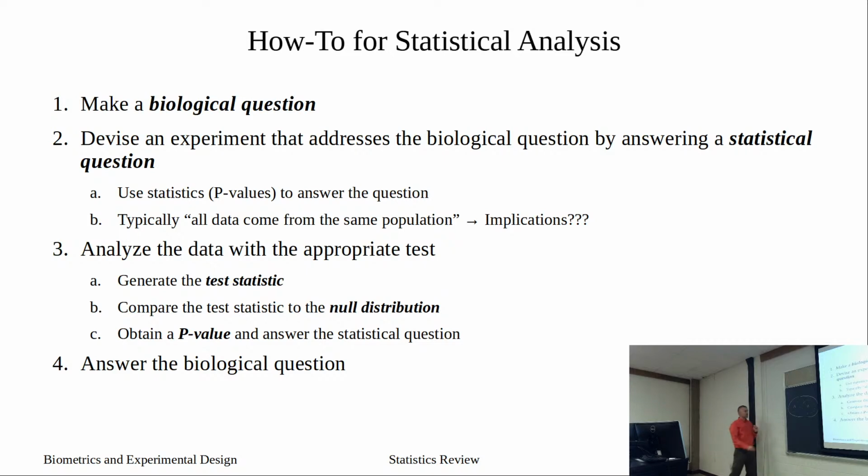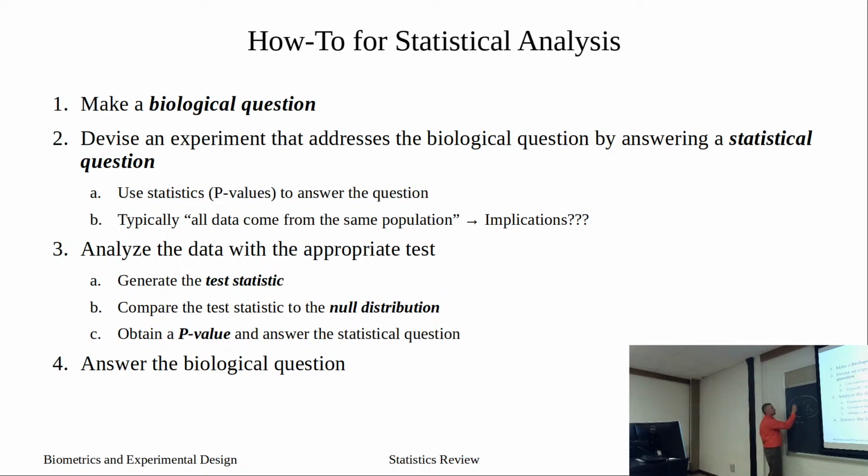If that's the case, our population has parameters associated with it. It has a mean, it has a sigma. If these belong to the same population, then these things have their own mean and standard deviation.